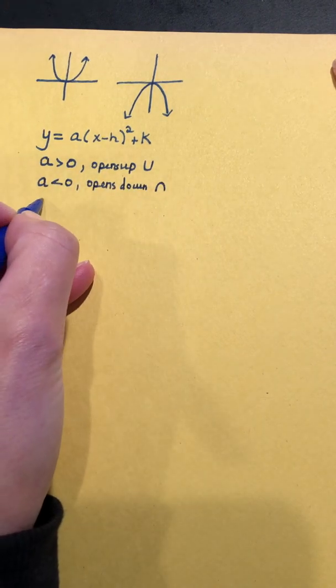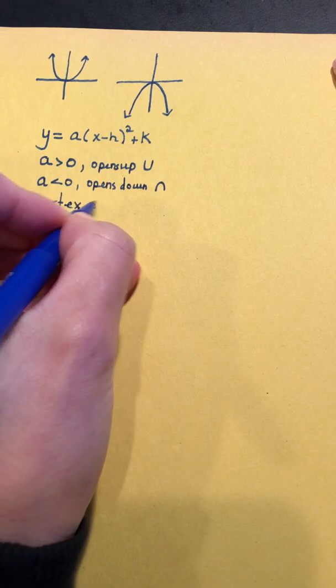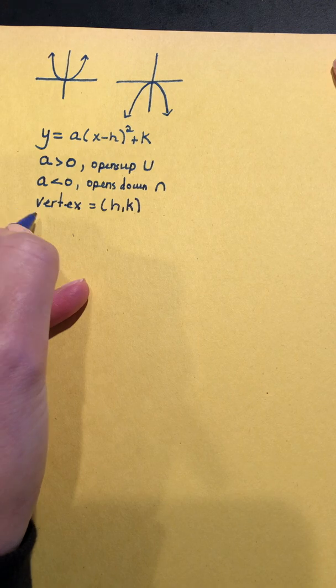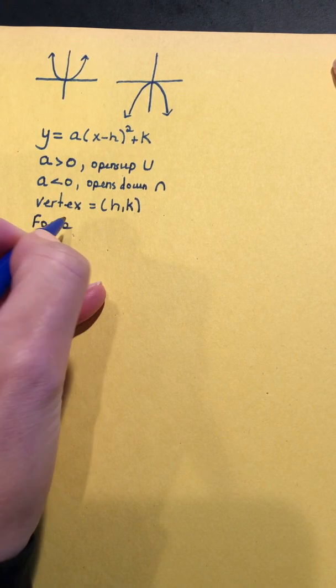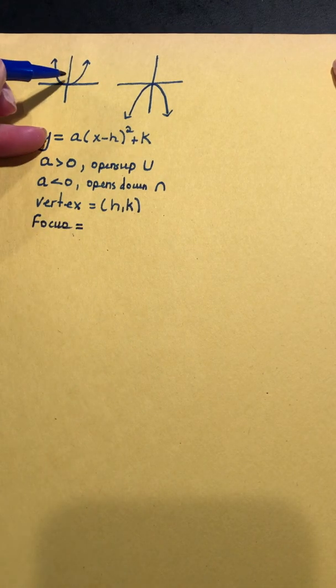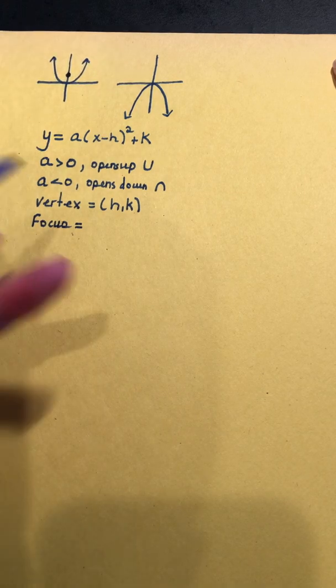You also know the vertex to be (h, k). But here's what's new: the focus point is going to be somewhere above the vertex. Remember we said the focus point is going to be like inside the bowl if it's opening upward.